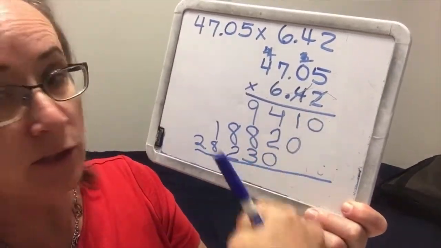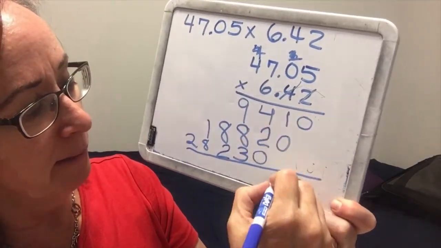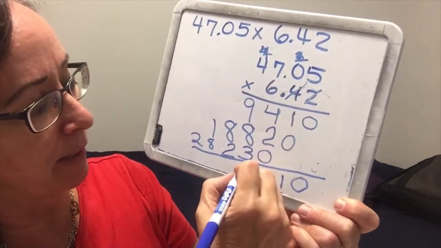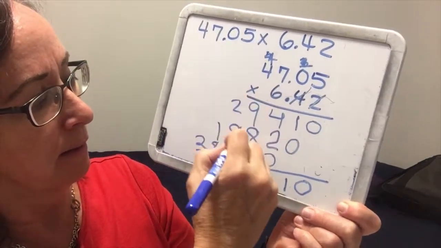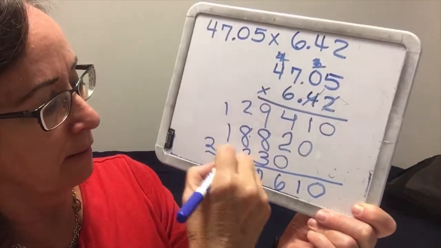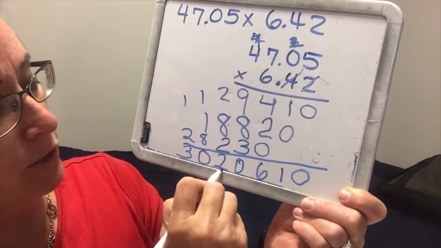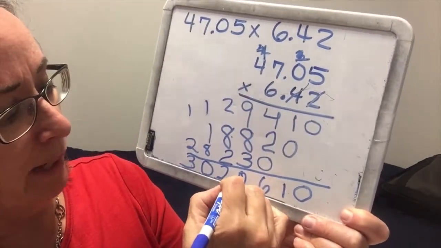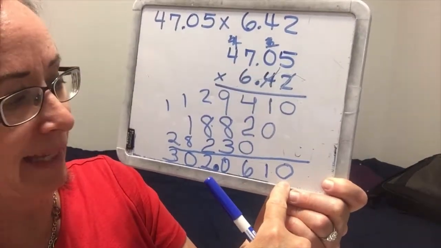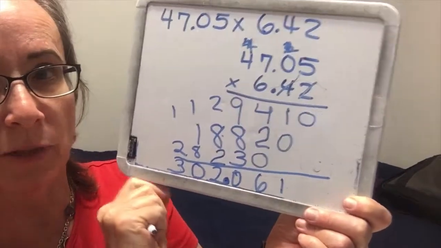So making sure we keep our columns lined up, we've got a 0, a 1, a 6, 17 plus 3 is 20, 8 plus 2 is 12, 10, so 302.061. Now since this 0 is on the end and there's nothing after it, we don't really need that 0 anymore, do we?